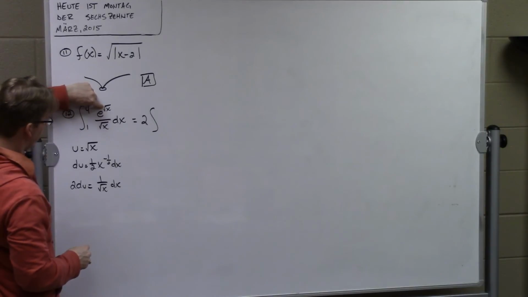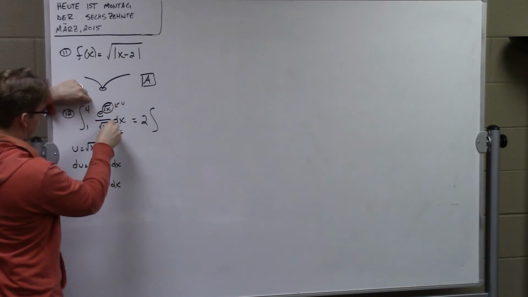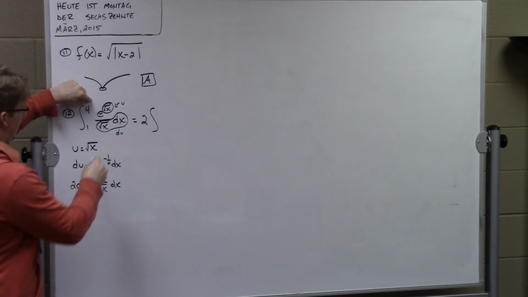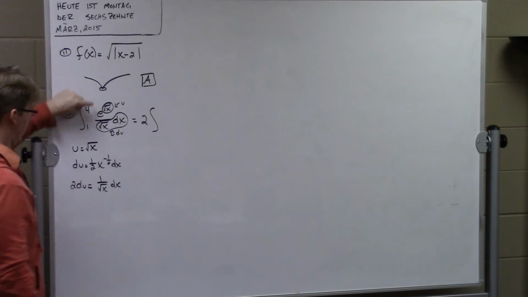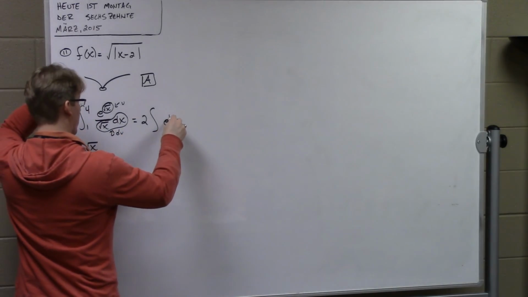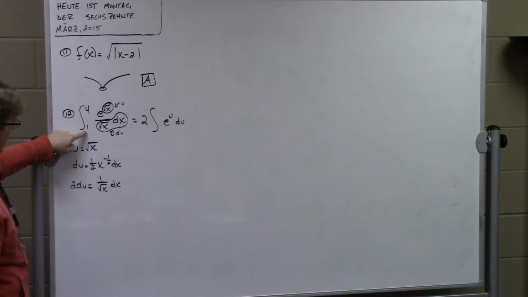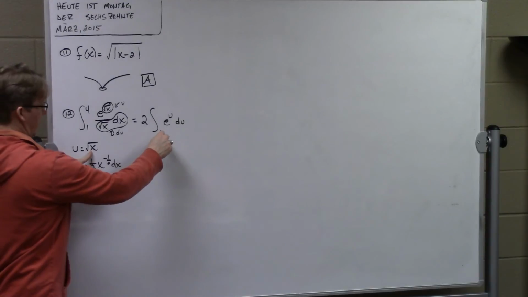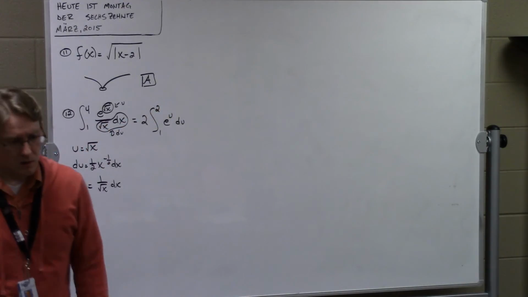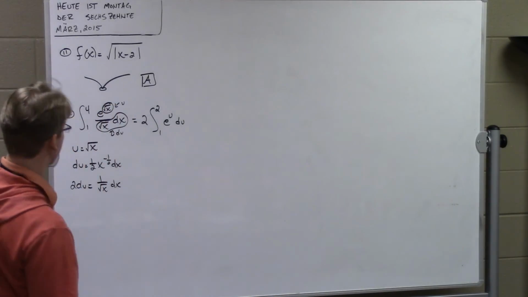This one I'm going to use for u, and this one I'm going to use for du. Am I cool with that? So we end up with e to the u du. Now all I have to do is swap out the numbers. If x is 1, u is 1. If x is 4, u is 2. 1 to 2 of e to the u, which is e to the u.